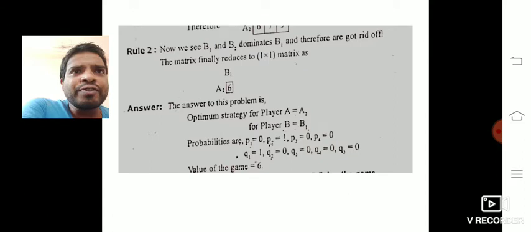Now we are left with the A2 row and the B1 column. The element left is 6, which we call the value of the game. The optimal strategy for player A is A2 and the optimal strategy for player B is B1.